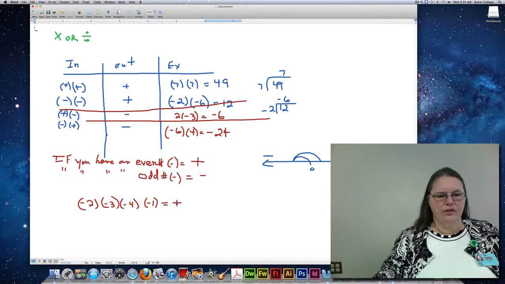I know the end result's going to be positive. This is why. These two come together. 2 times 3 is 6. And it's positive because two signs, even number, right? 4 times 1 is 4. They came together. So 6 times 4 is 24.